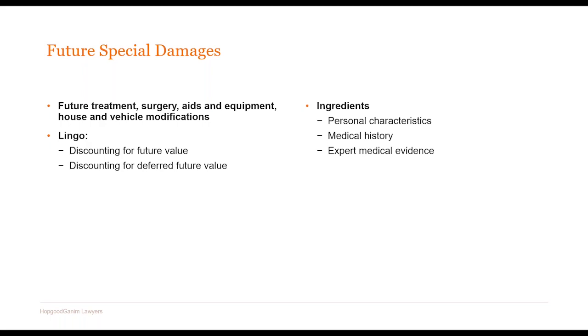And again, it's to ensure that if I give you $1 of compensation now, it's worth more in the future. And so it's slightly less that I give you now. The second type of discounting is a discounting for deferred future value, and that applies where there's a one-off future expense like surgery. So again, you don't need to know the ins and outs of how that works, but it's quite useful if your solicitors are talking to you about it to understand why that's being applied.